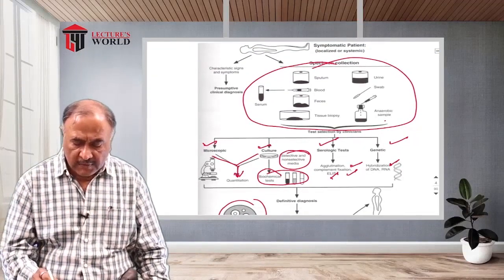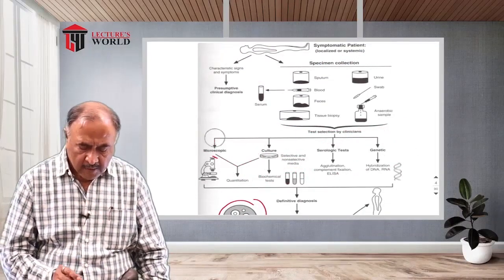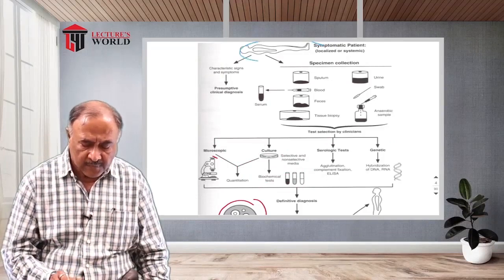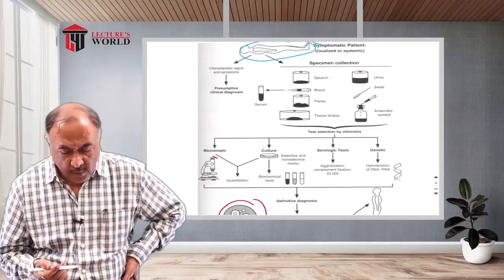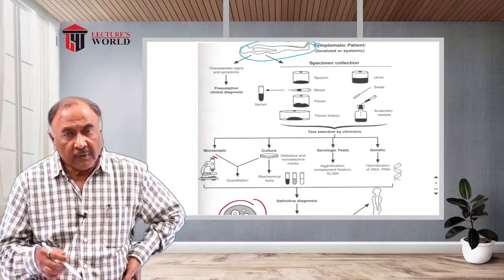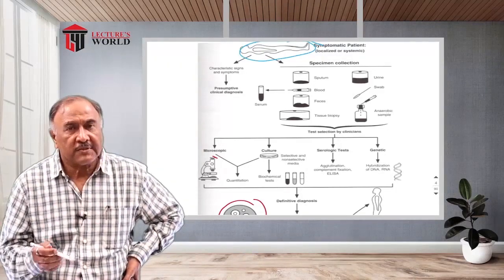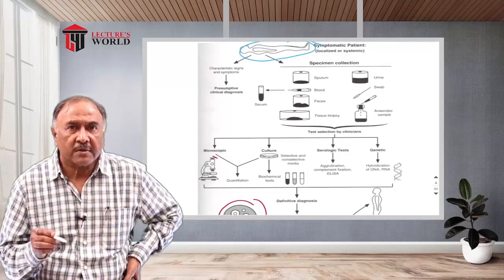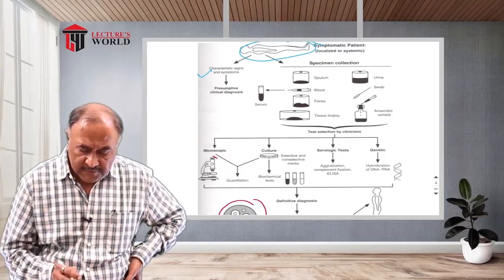As you can see in this diagram, a symptomatic patient is this. The disease can be either localized or systemic. Now, the identification of a disease, as I had told you in the initial slide, can be made on the basis of the experience of a doctor and on the basis of characteristic signs and symptoms.